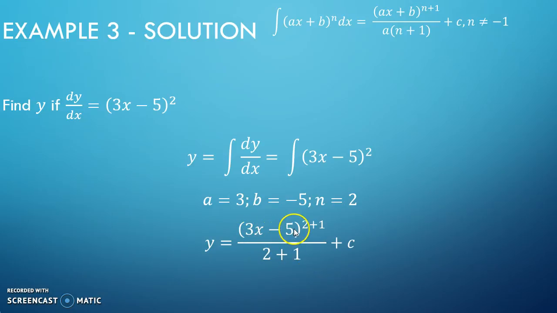So we have 3x minus 5. What's in the brackets doesn't change. We add 1 to the index. And there's a mistake here. Just correct that. We've got 2 plus 1, and I should have that a value out the front. So that should be 3 times (2 plus 1) plus the c.